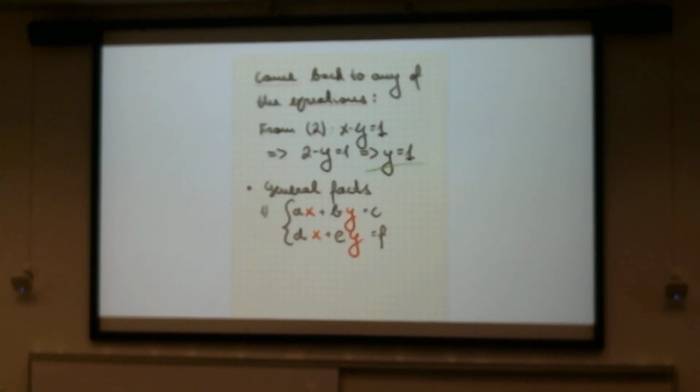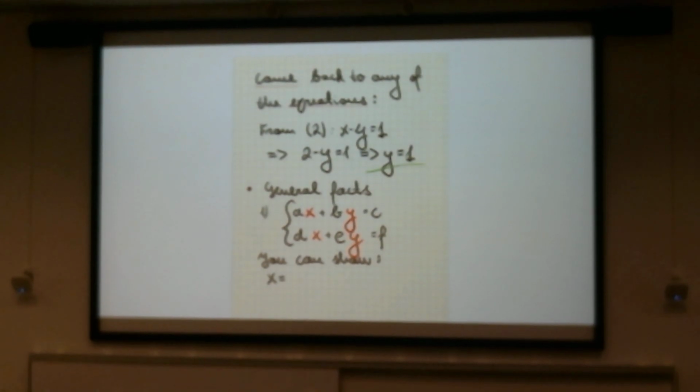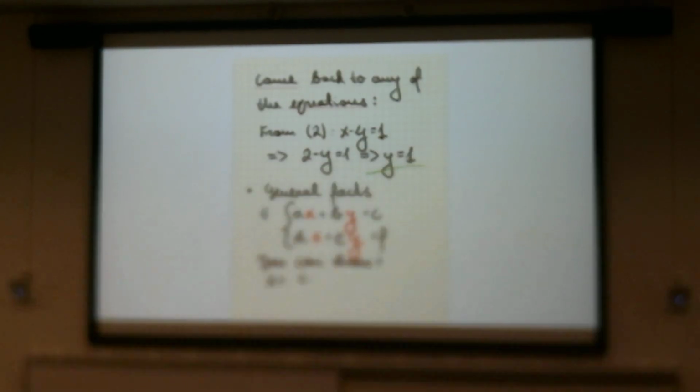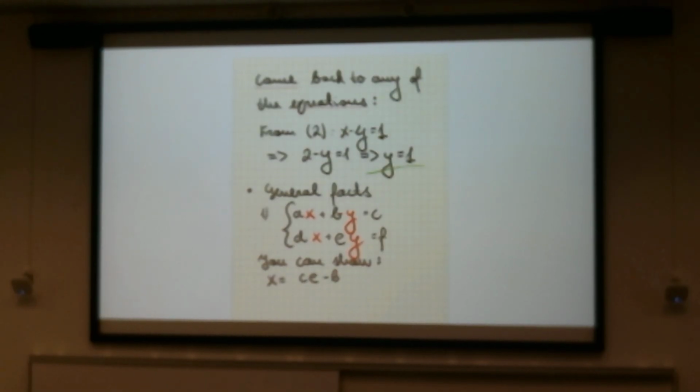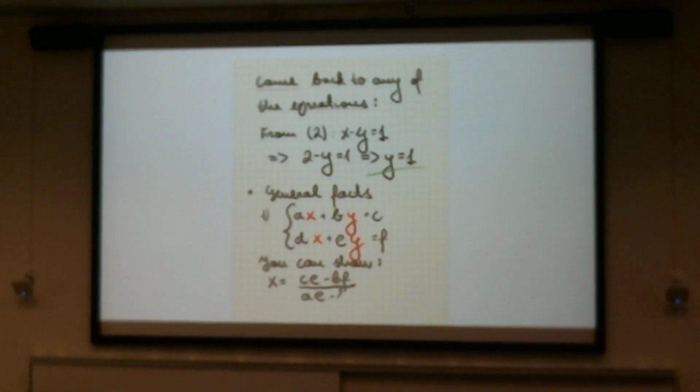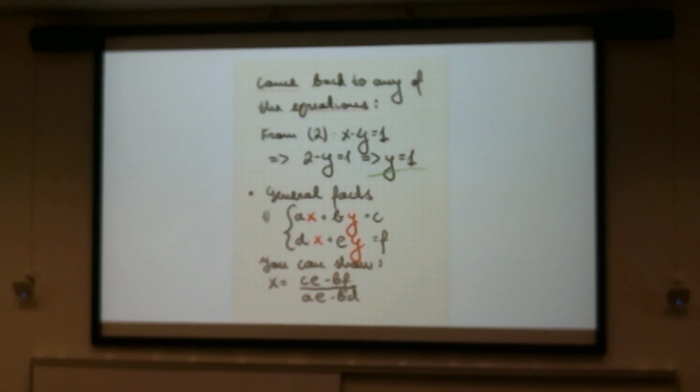And an important thing is that you can show that whatever we did in the examples, the solutions that we achieved either by the first or the second method, they have the following form. x is going to be equal to c times e minus b times f, divided by a times e minus b times d.